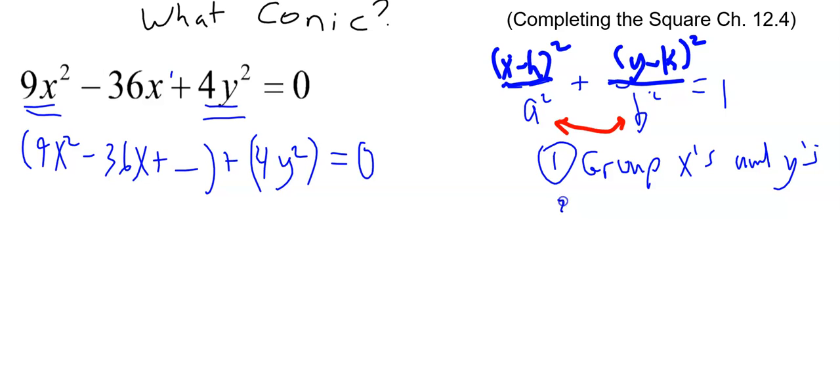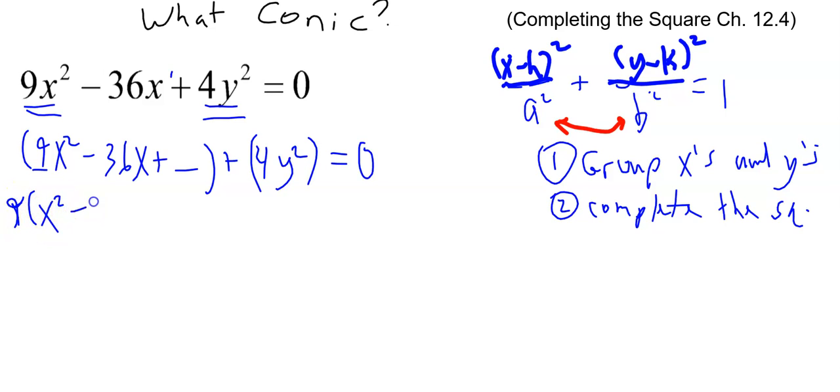You want to complete the square for both of those, which is going to involve a little bit of work here. We're going to have to take out the 9 here. You always want that leading coefficient to be 1. So I'm going to pull out a 9. So it's going to be 9 times x squared minus 4x plus blank, plus, I'm just going to pull out the 4 there, so we just got y squared equals 0.